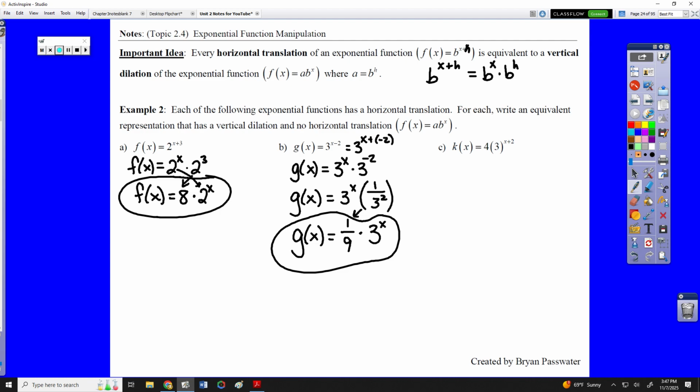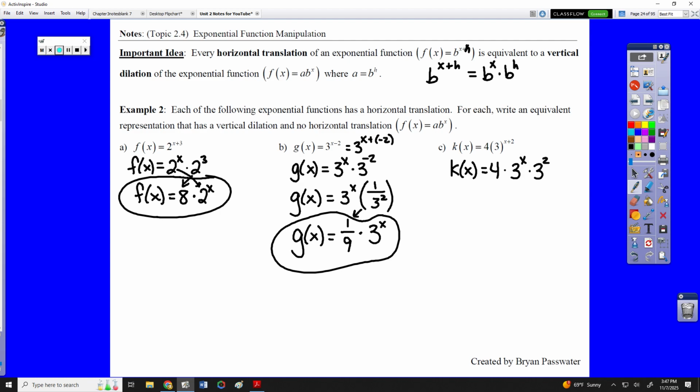Finally, for k of x. Now this one is a little bit trickier because there is a 4 sitting in front of it, but we basically just ignore that 4 to start with. We leave it there, and we take the 3 to the x plus 2 and rewrite it as 3 to the x and 3 squared.